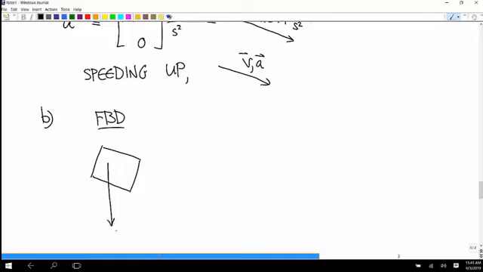There's a weight force of 98.1. There's a normal force N. This time it's sliding up the ramp, so the friction force is down the ramp, and the magnitude is 0.05 N.